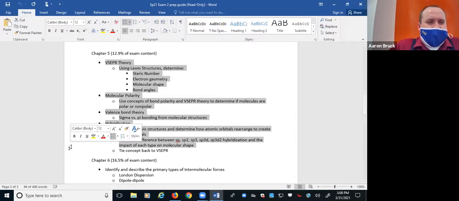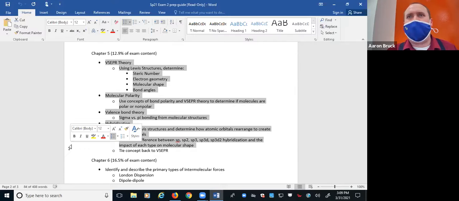So you can see that out of one question, I could ask you about any of these things. And it piggybacks off of Lewis structures as well. From a Lewis structure, we can determine all of our VSEPR information. From that VSEPR information, we can determine everything about molecular polarity, valence bonds, sigma bonds, pi bonds, hybridization, and so on.